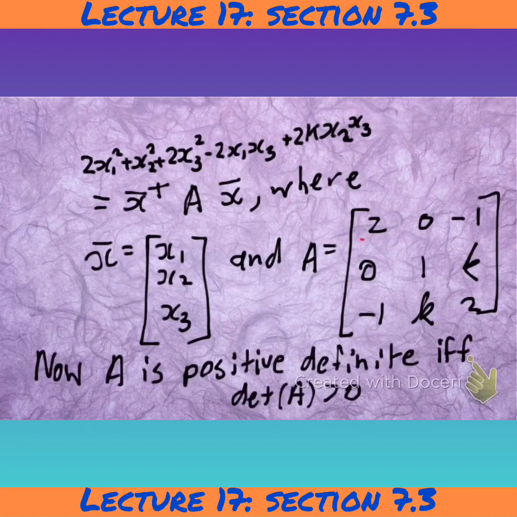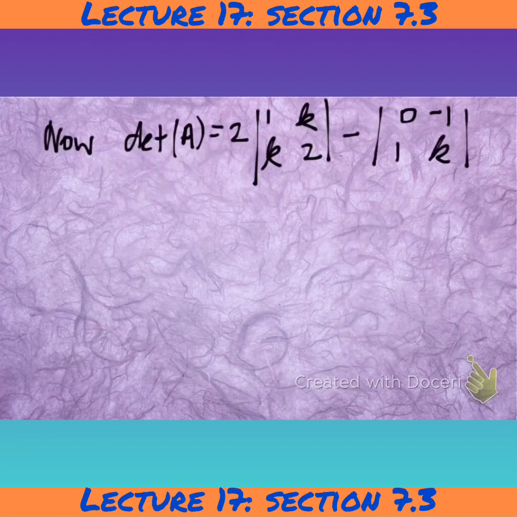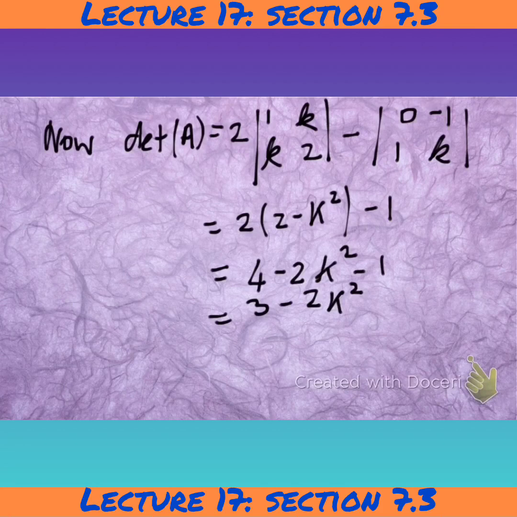So first of all, the determinant of that is 2. Then we look at the determinant of that, which is also positive. And now we need to look at the determinant of the whole matrix. So let's work out the determinant. There we've got the cofactor expansion, and that becomes this.